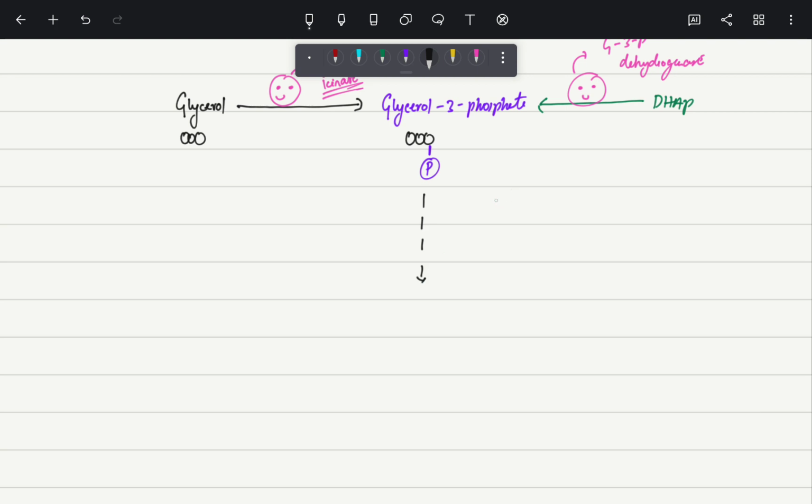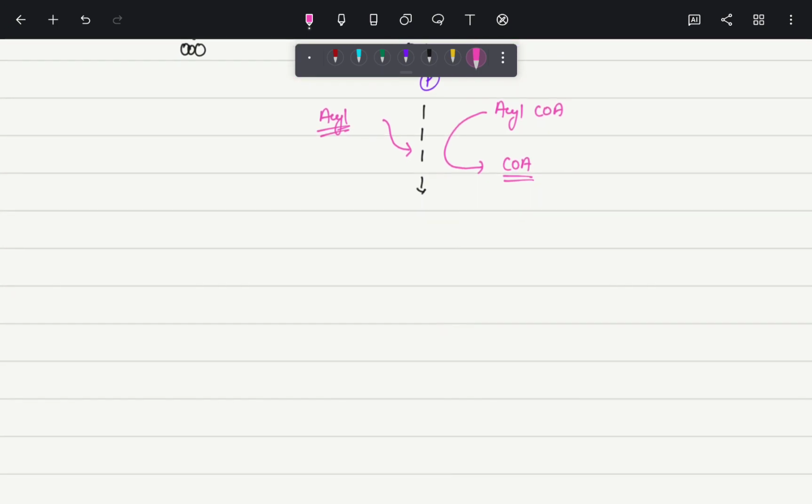During acylation, acyl CoA gets converted into CoA, and there is transfer of acyl group to the glycerol 3 phosphate.